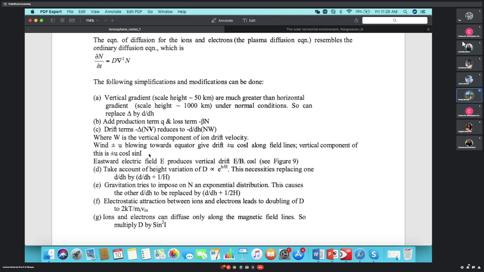There are many types of wind circulations, but one is the neutral wind, which blows in the thermosphere and also below the thermosphere. Because of the temperature difference at different latitudes, your equator getting the maximum solar radiation becomes hot, while the polar region is cold. Because of this temperature difference, you will have winds flowing from one place to another. So if the wind is towards the equator, that means it is blowing from Dibrugarh or Ahmedabad towards Port Blair or Trivandrum, what will happen?